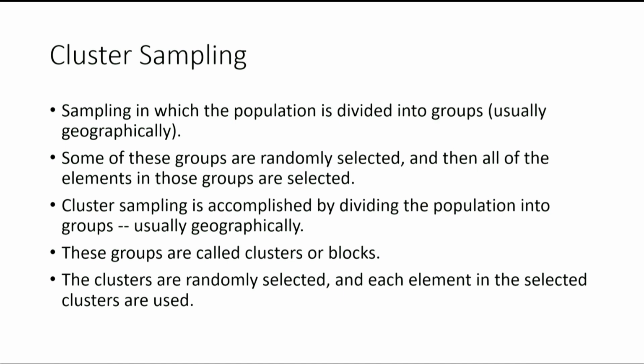Some of these groups are randomly selected, and then all of the elements in those groups are selected. Cluster sampling is accomplished by dividing the population into groups, usually geographically. These groups are called clusters or blocks. The clusters are randomly selected, and each element in the selected clusters is used.